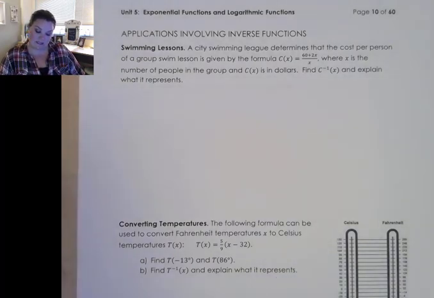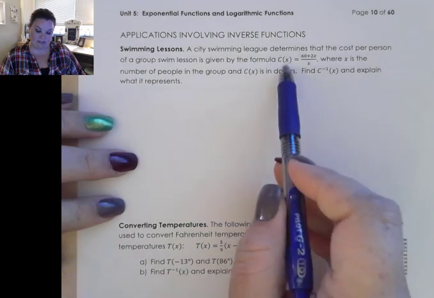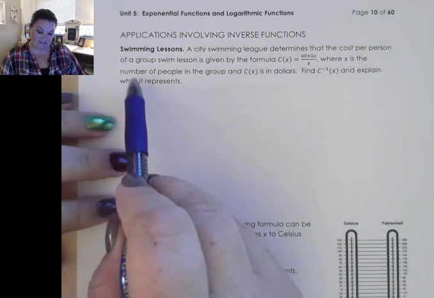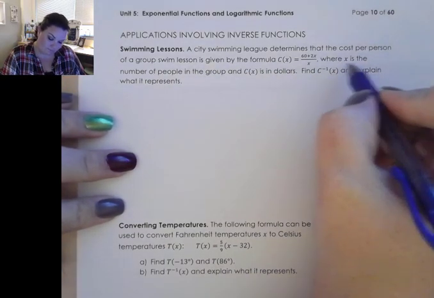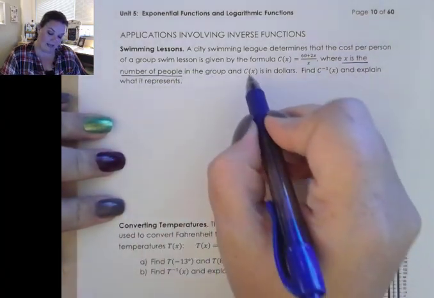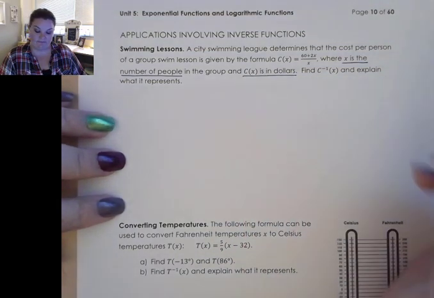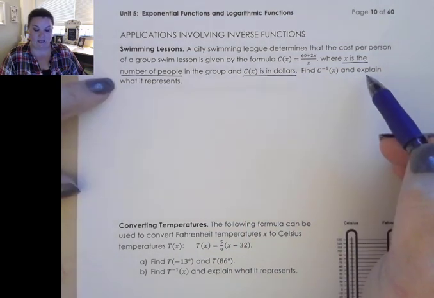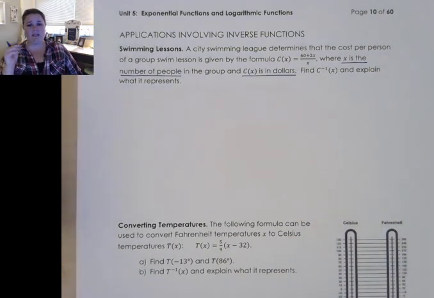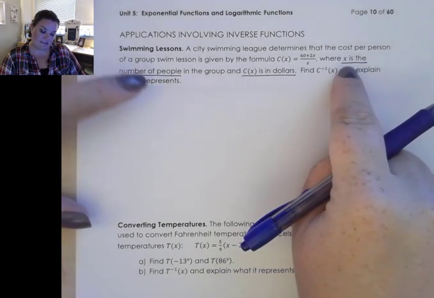A city swimming league determines that the cost per person of a group of swim lessons is given by this formula, where x is the number of people, that's important, x is the number of people in the group, and c of x is in dollars. Find c inverse of x and explain what it represents. Okay, well, before I can explain what the inverse represents, I have to make sure I know what the original represents. And here it says x is the number of people.